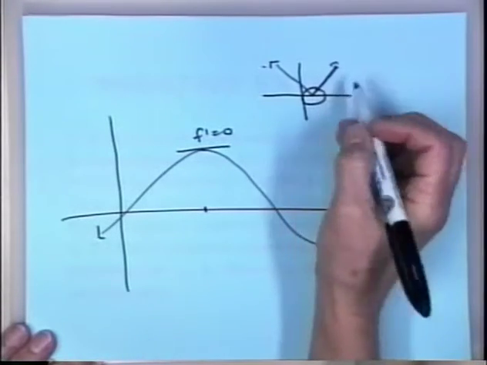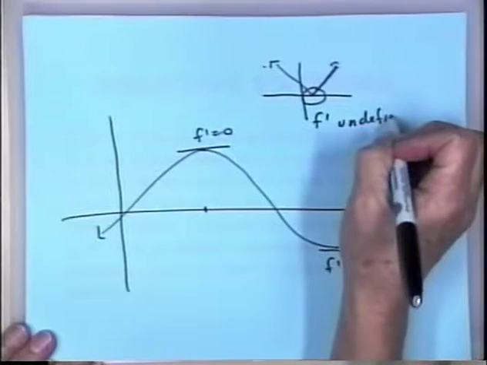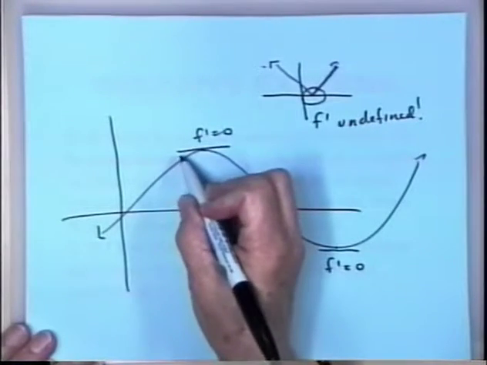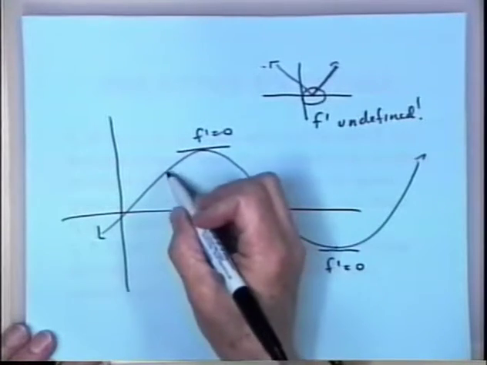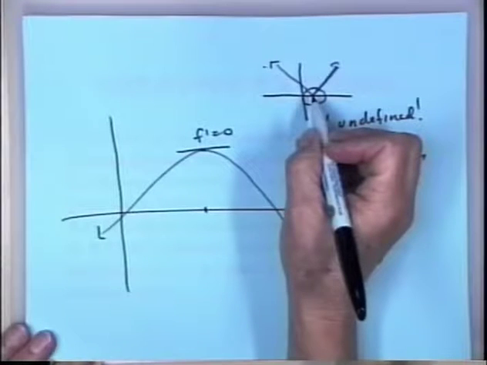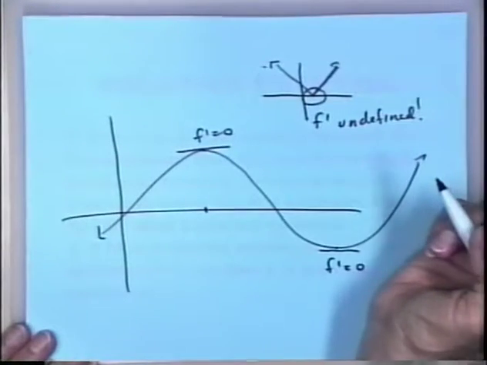Now, right at that point, the derivative is undefined. That's because we're not making a smooth transition there. So there's no tangent line at that point. If you were to go back to your definition of a derivative and look at the limit, that limit will not exist there.